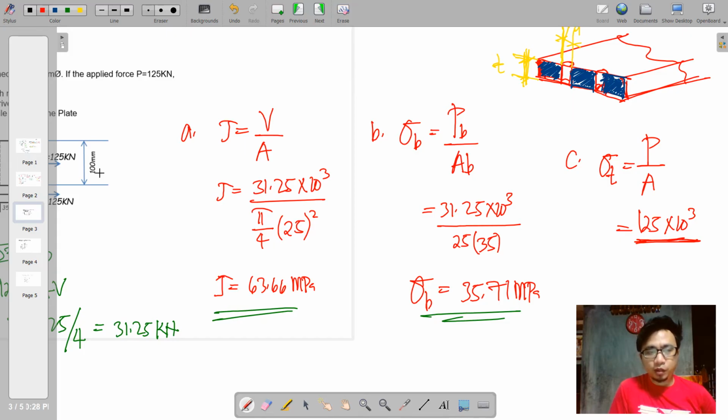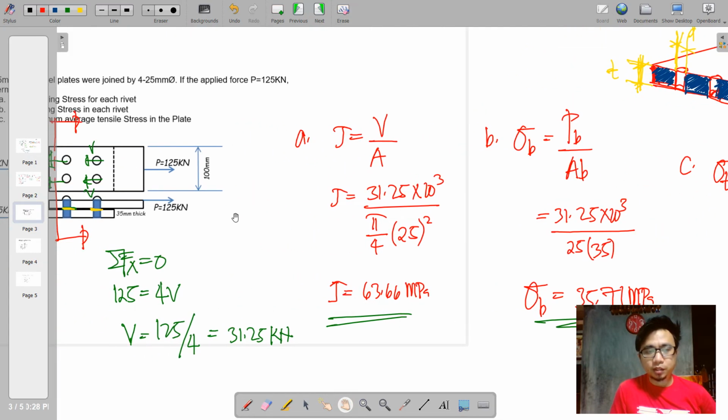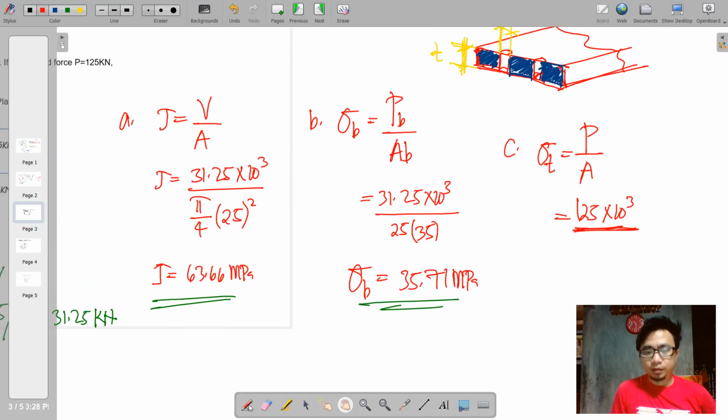Okay. So the area, we have a width here equivalent to 100. Okay, so we can see it, 100. And then 100 will be reduced. We're going to deduct here the 2 16 mm. Okay, where there are 2 16 mm holes that were taken from your original cross section, and then multiply it by the thickness, and the thickness is 35 millimeters.